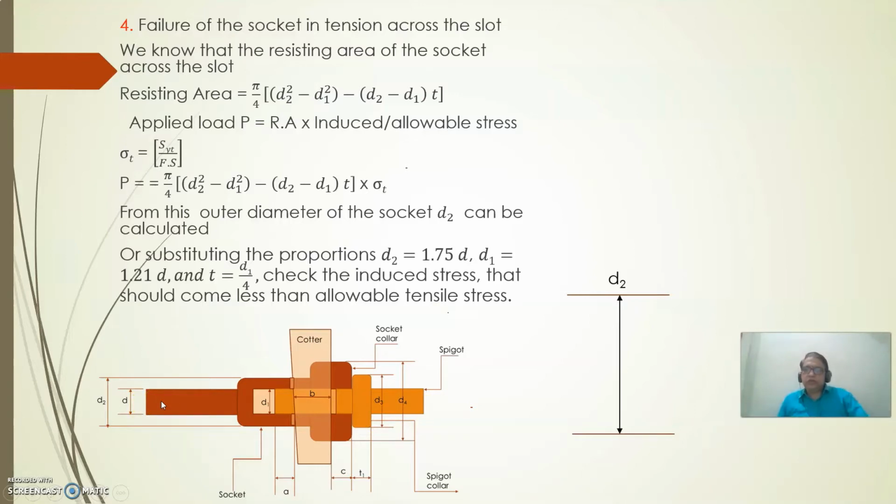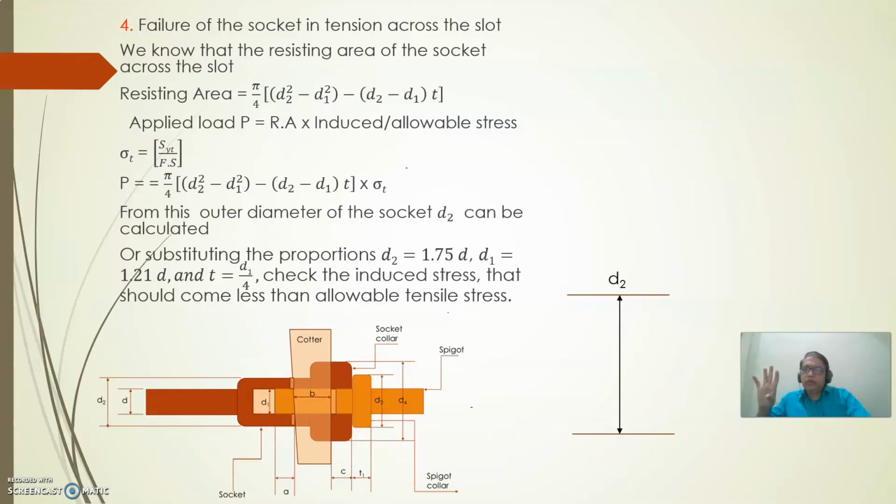If I take the cross section at this section, at the top section, I think you are seeing this cursor, right? Here you will get a completely round solid section of pi by 4 d2 square.